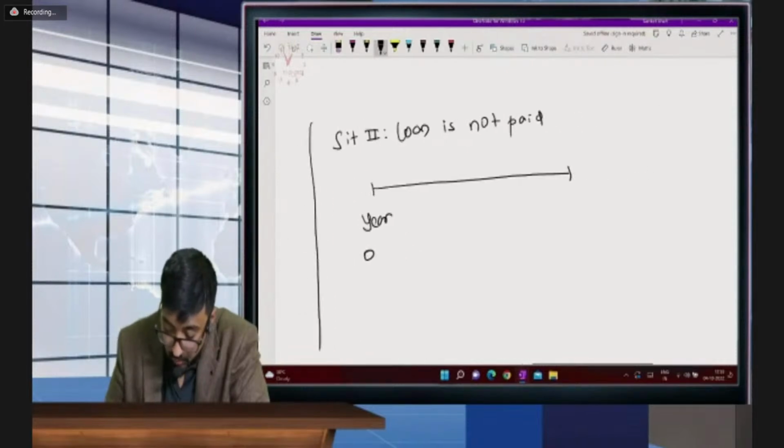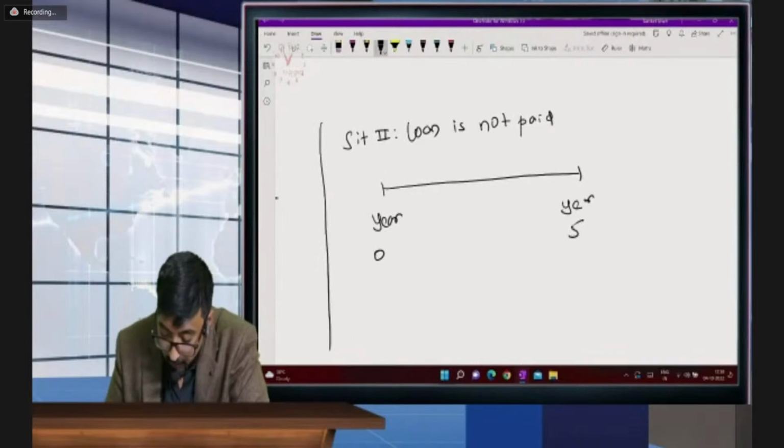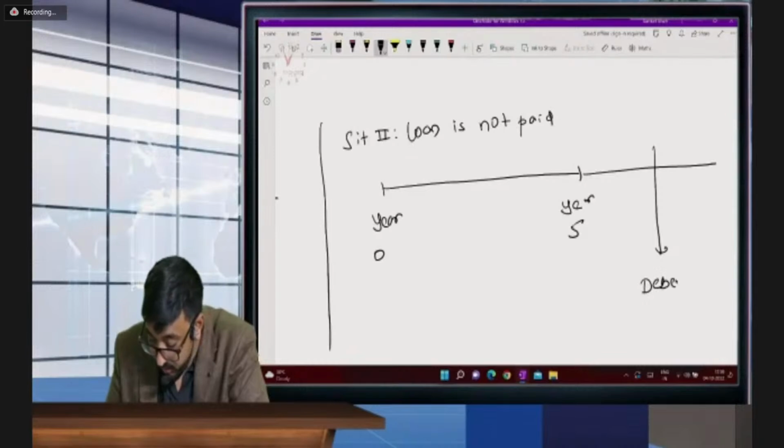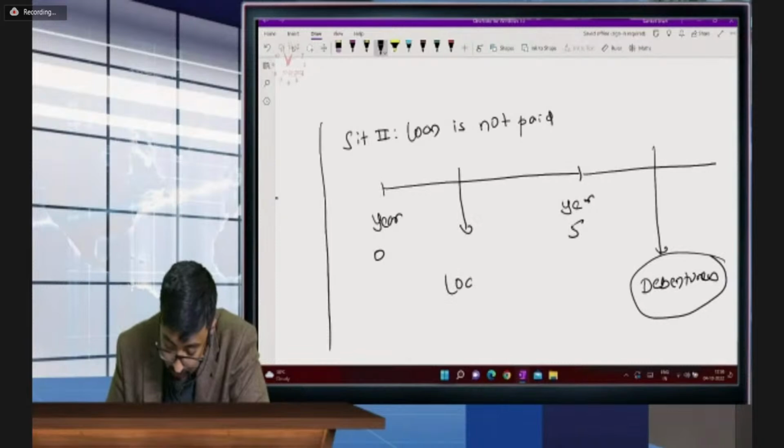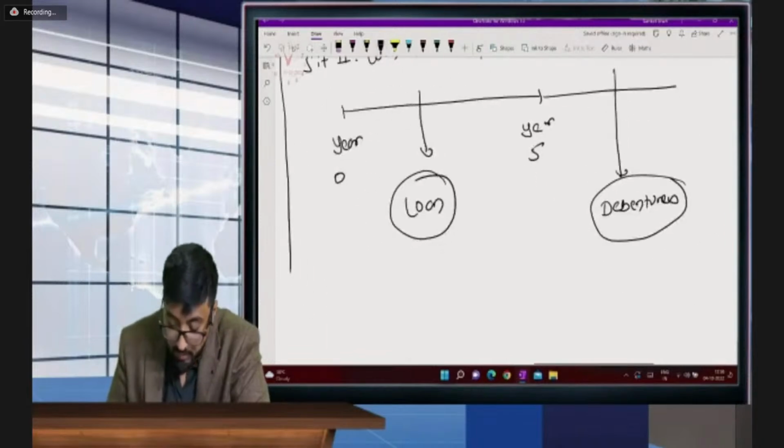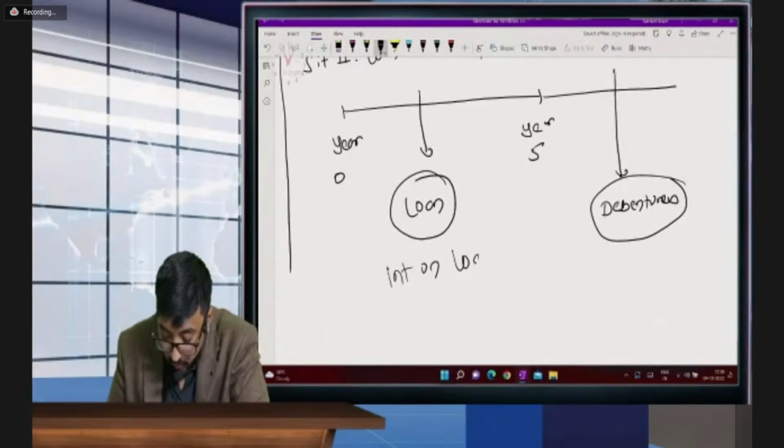Year 0, year 5, and after that, debentures. And up to this, loan. So here interest on loan and here interest on debentures.